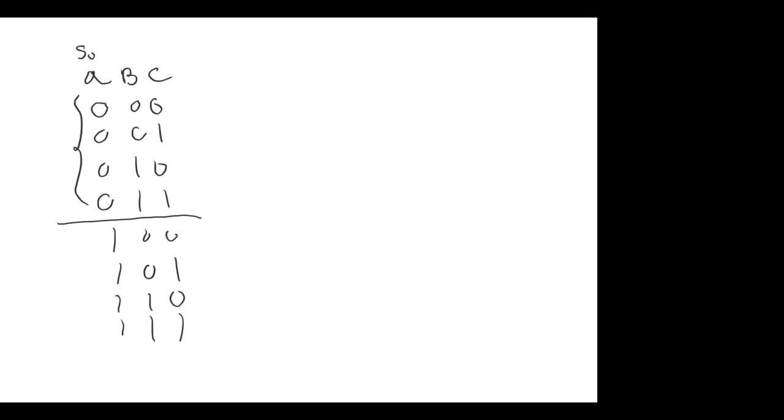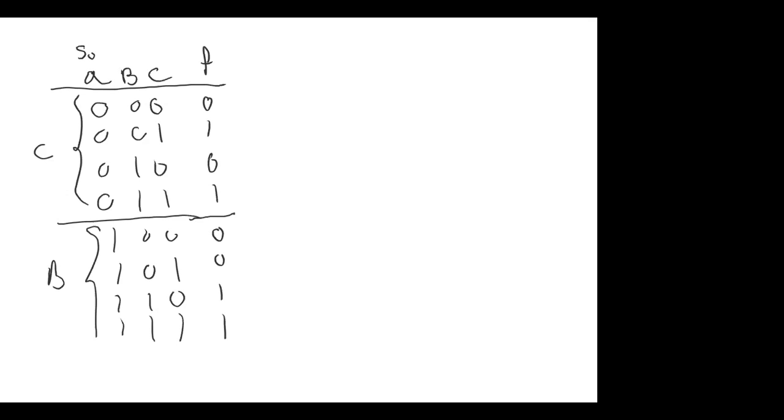So this will select for C, and this will select for B. The function f will have an output equal to C if you're selecting for C, so you just copy C in: 0, 1, 0, 1. If you're selecting for B, you just copy B in: 0, 0, 1, 1.